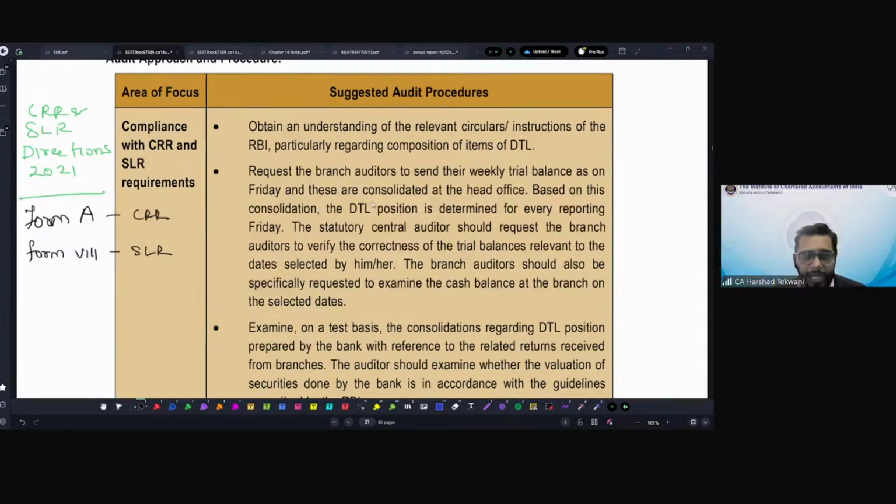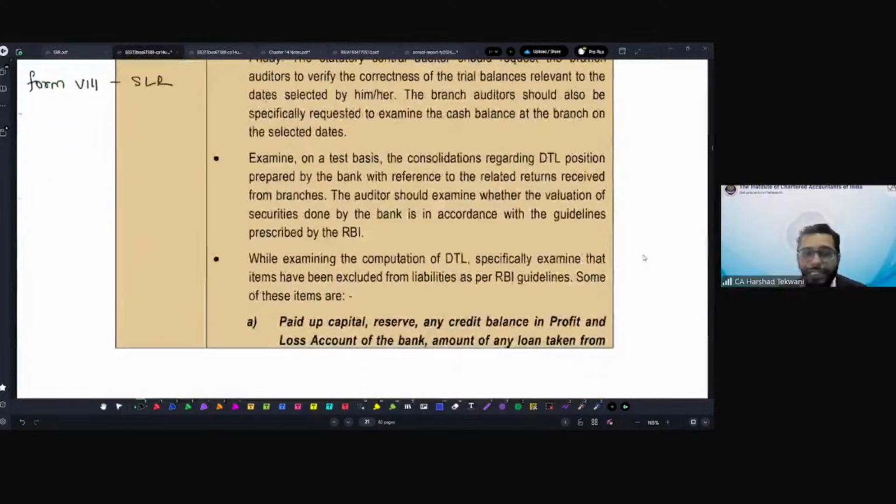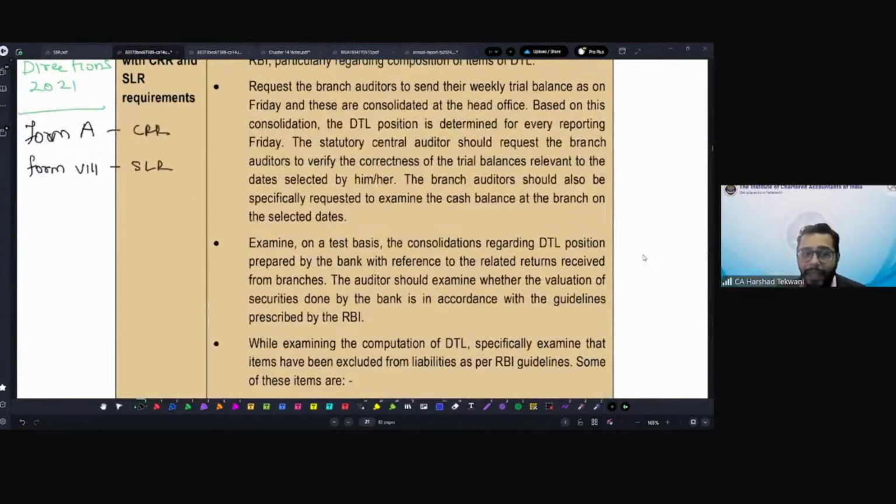We'll not go into detail on that, but the auditor is required to report whether it was maintained or not. So he has to test on a timely basis whether the bank has such SLR assets on the basis of which it is being calculated, and then the reporting is done accordingly.